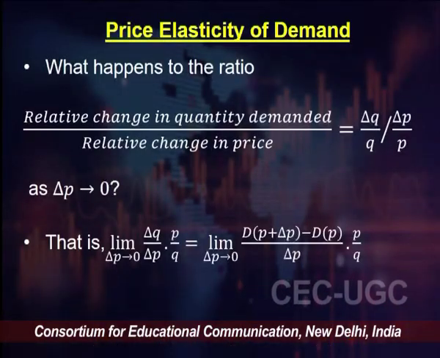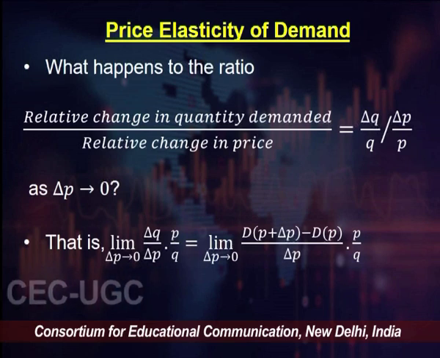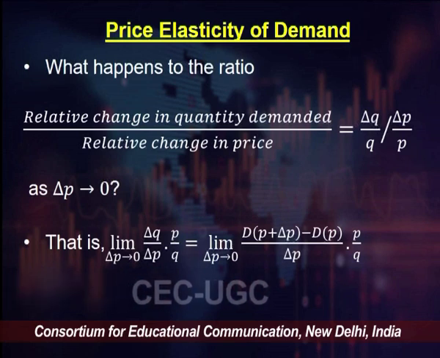Which is to say, can we ask what happens to this ratio as delta P tends to 0? We want delta P to go to 0.